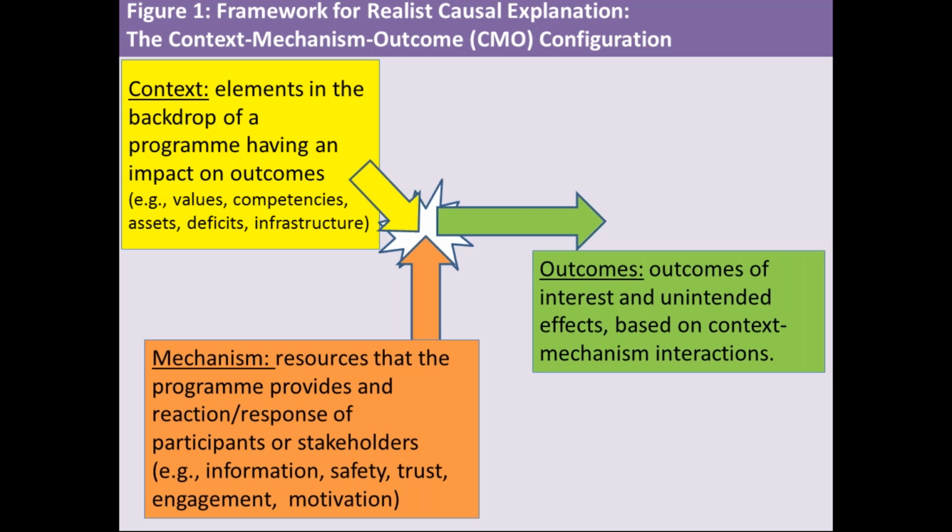I haven't separated out resource from reaction and response in those examples, but I have a slide where I do, so I'll explain that further. And then outcomes: you have outcomes of interest, as well as unintended effects based on context-mechanism interaction, tracing back to the interaction or association between context and mechanism.